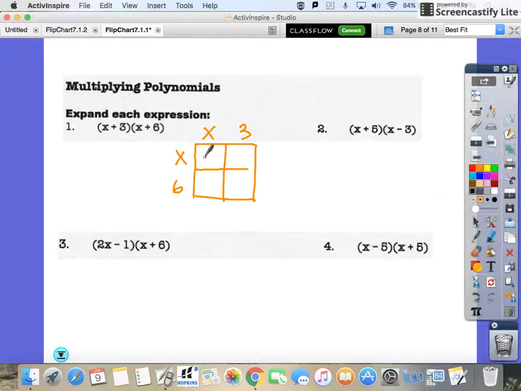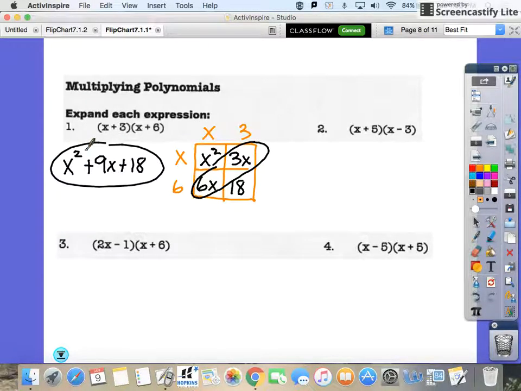So we have x times x is x squared, x times 3 is 3x, 6 times x is 6x, and 6 times 3 is 18. Now, like on the previous one, these 2 have the same variable to the same power. So we combine those, and we end up with x squared plus 9x plus 18.